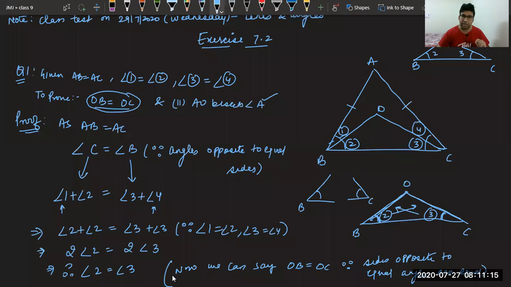If you can prove that 2 and 3 are equal, you can say this side OC is opposite to angle 2 and this side OB is opposite to angle 3. And we know by converse of the theorem that sides opposite to equal angles are equal. Mishti, I hope you are getting this now. Please confirm.